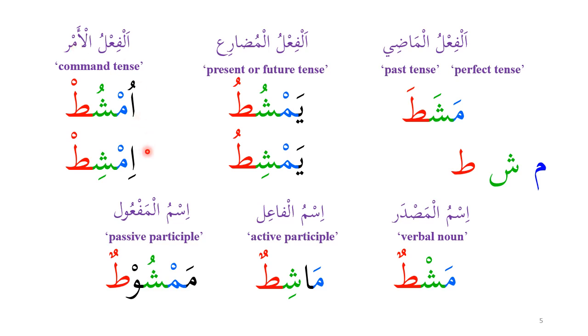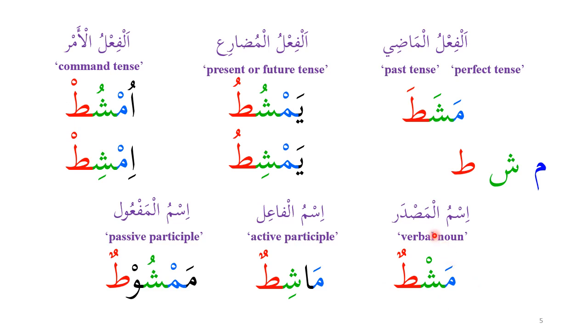And another thing is, if it has fatha, then it will have a kasra in the command tense. So the command tense can have only dhamma or a kasra. It can never have a fatha. Fatha would mean that the person is doing it, the person involved is doing it. So dhamma or kasra would mean it is done by somebody else.